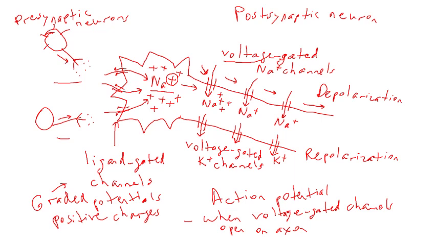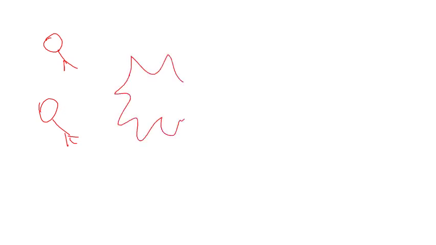Now let's look to see what happens if instead negative charges came in at the beginning. Okay, so again here, I'm going to make some neurons. We'll make this one larger again. We have the channels.